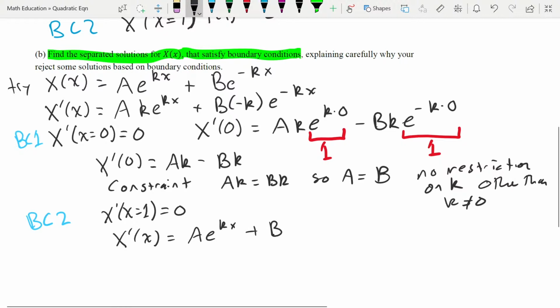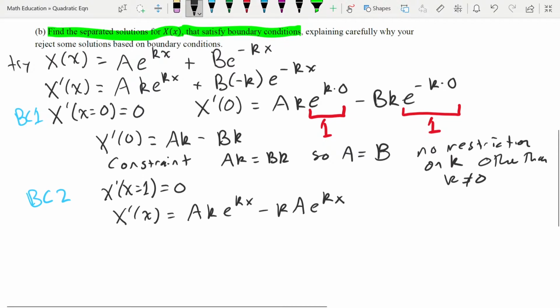Oh, that is wrong. That is totally incorrect. I'm not even paying attention. Okay, we want to use a k e to the kx minus k a e to the negative kx, because we want to use X prime and we don't want to use X. It's really easy to make a mistake here.